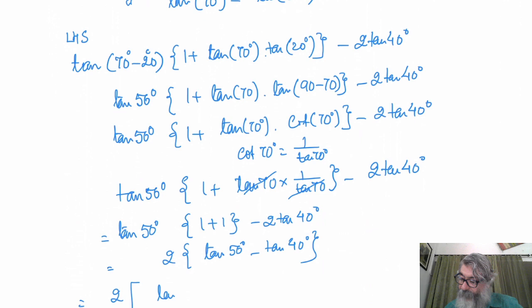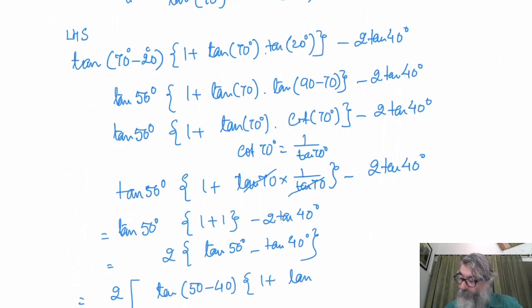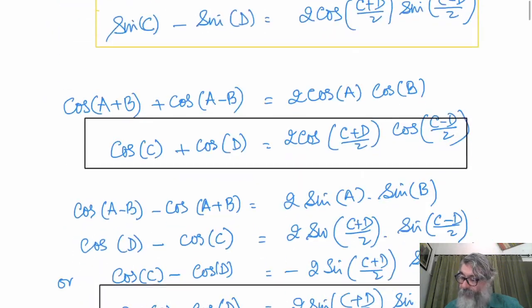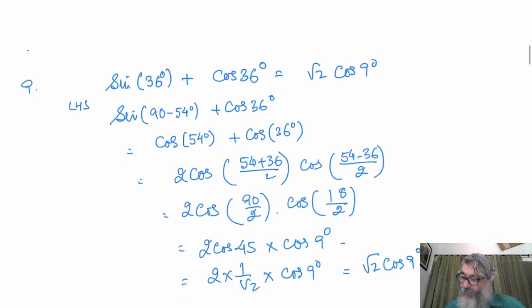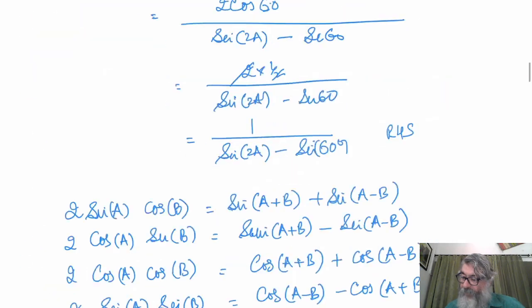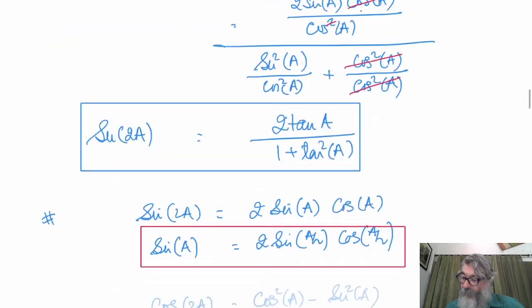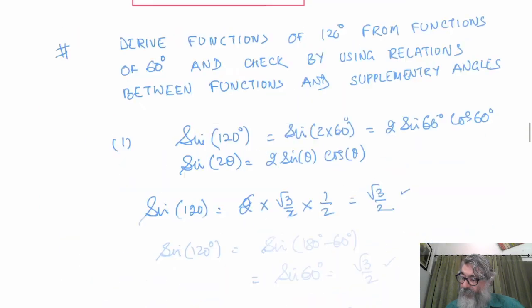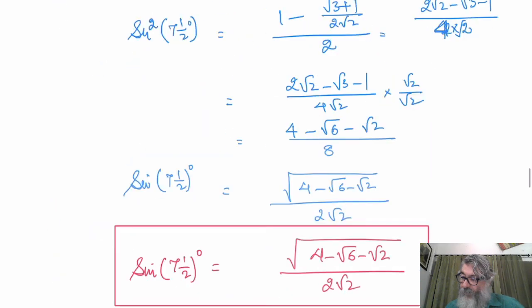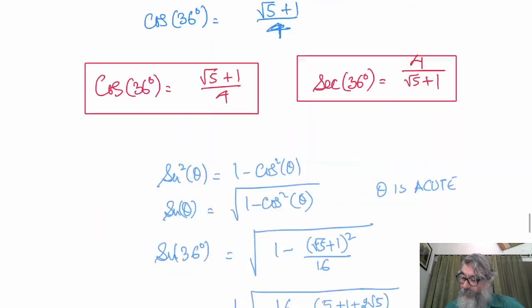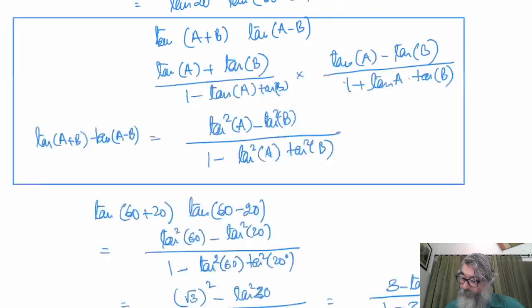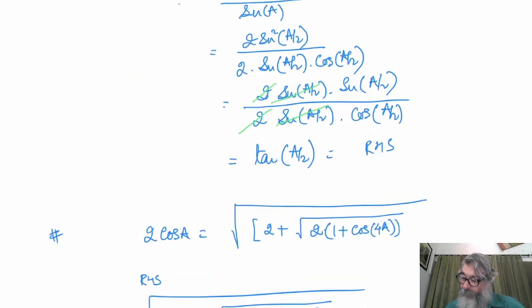I'll get sin(50 minus 40) in one bracket, and in another bracket 1 plus tan 50 degree and tan 40 degree. This will become 2 tan 10 degree.